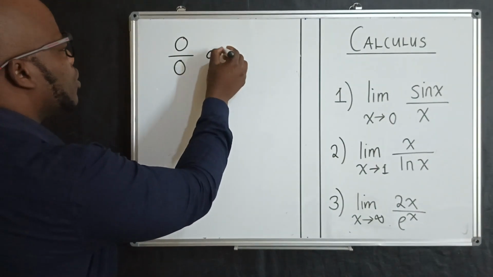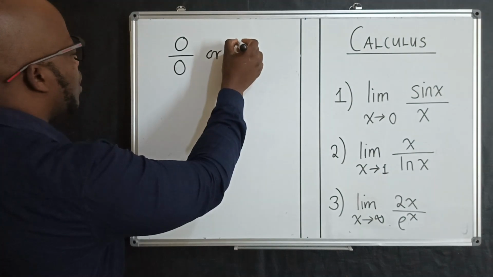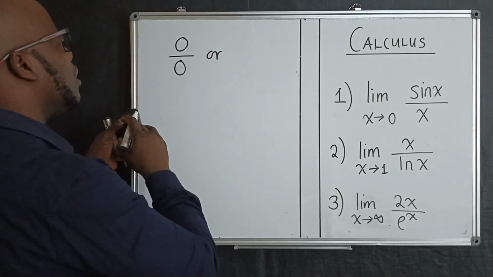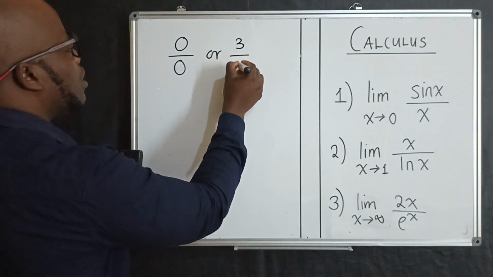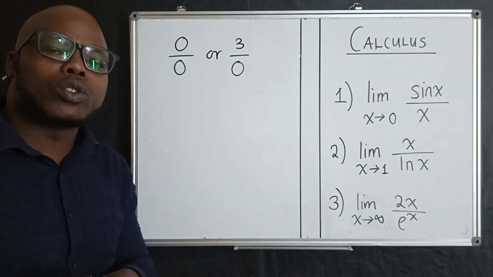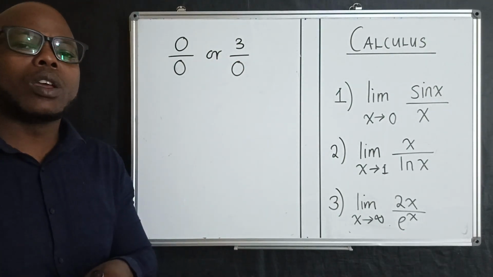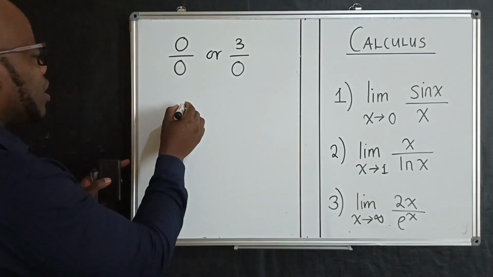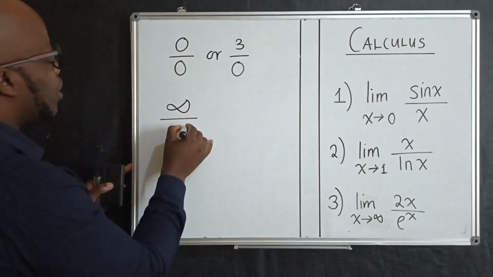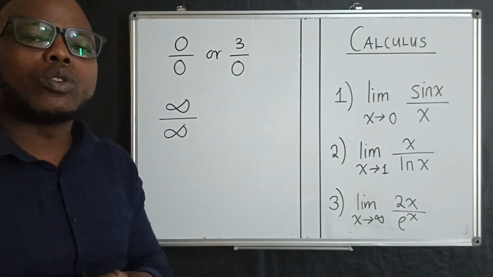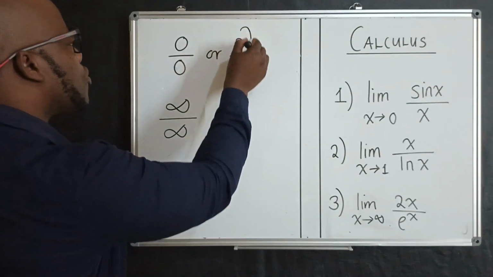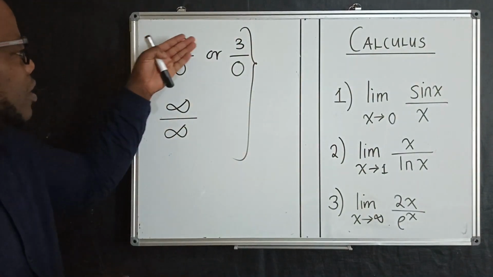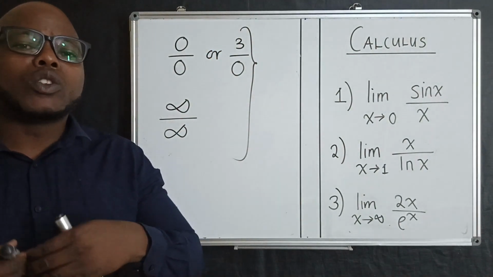Or maybe you've got 3 over 0, it's also not acceptable. The denominator cannot be a 0 as a solution. The other one, infinity over infinity, is also not acceptable. So if you're getting any of these as your solution, it means you need to do something.